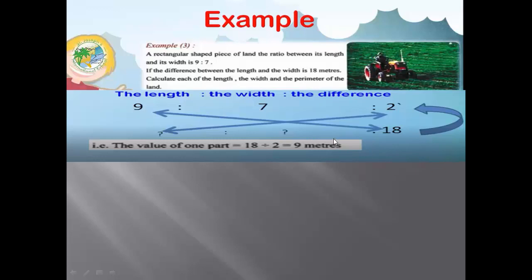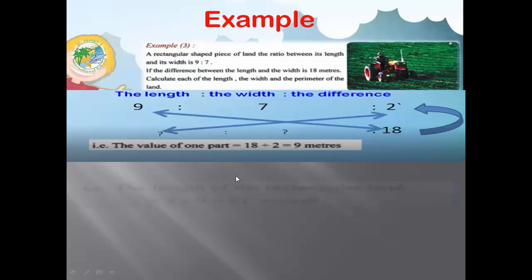Then we divide 18 divided by 2 equals 9. Then the length is 9 times 9 equals 81, and the width is 9 times 7 equals 63.